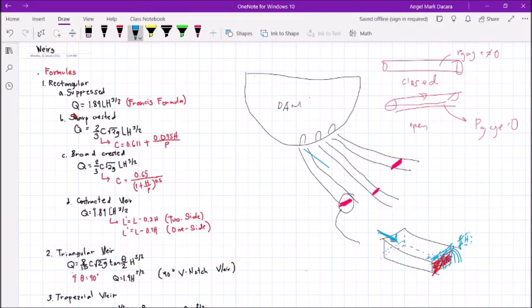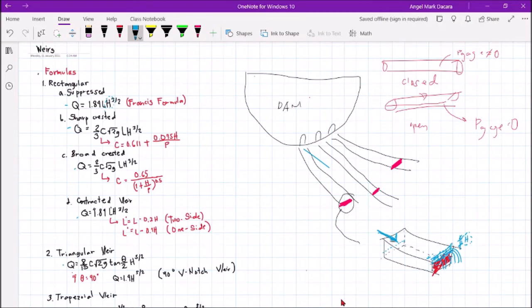Kaya kung makikita nyo rito, Q is discharge. Okay? This is our way of measuring discharge over weirs, over several shapes of weirs. Kung mapapansin nyo, lahat sila merong variable na h, kasi the discharge over a weir is measured in terms of head of water h, or in terms of kung gaano kataas yung tubig level mula doon sa taas ng weir, mula rito sa top of the weir.